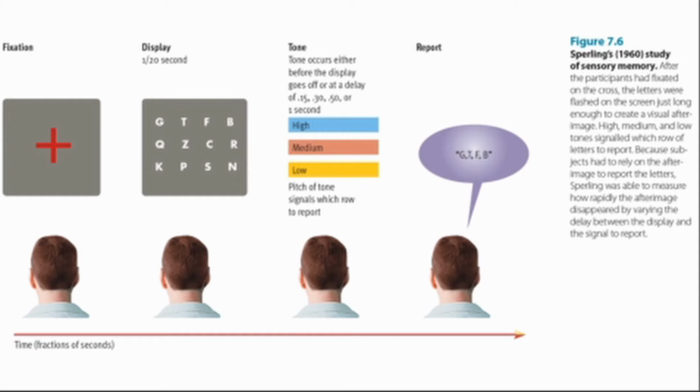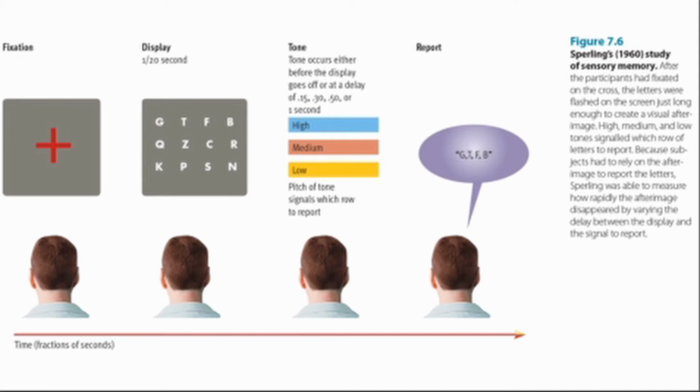So instead, most of the time, these studies will use something called a partial report, which is basically they introduce a tone, usually a high, medium, and low pitch sound. And so if they play a high pitched tone, they want you to report the upper line. Low pitched tone is the bottom line. And that way you only have to report a single line.